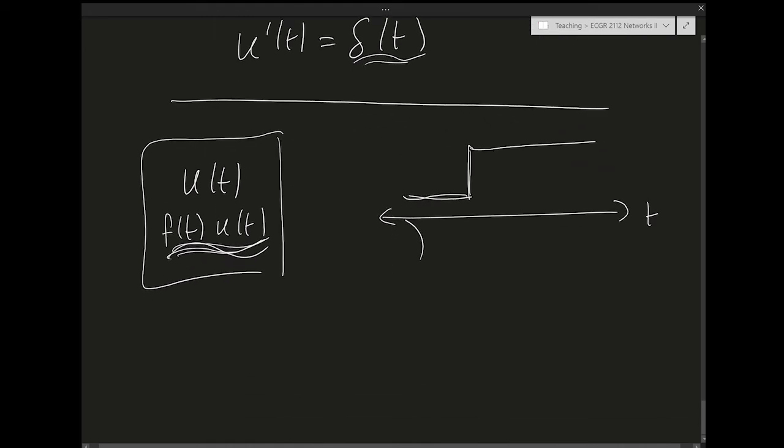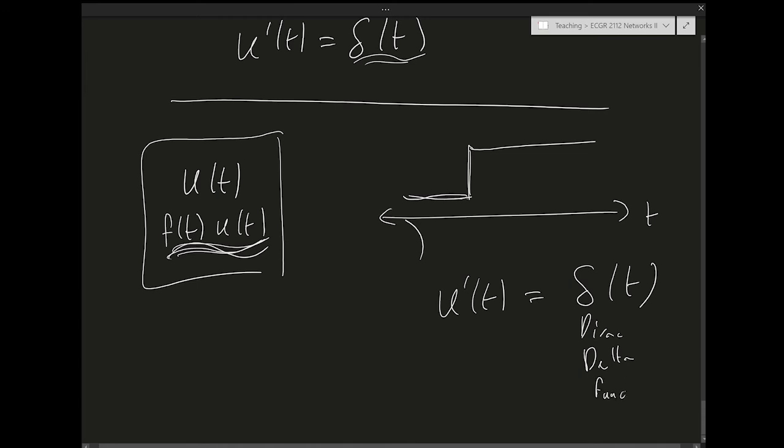And then we discovered, by looking at the sequence of continuous curves that approach this u of t, that u prime of t is clearly delta of t, which is the Dirac delta function.